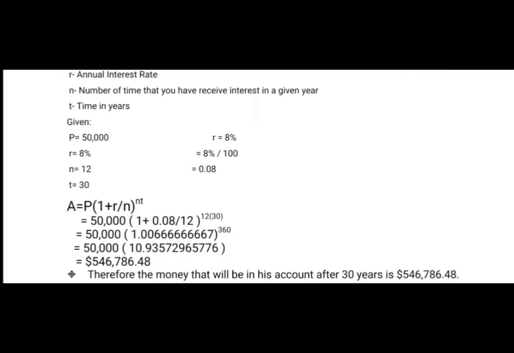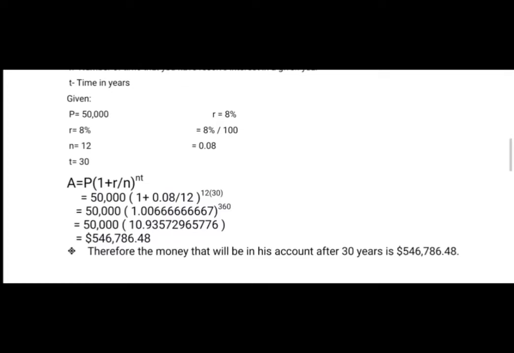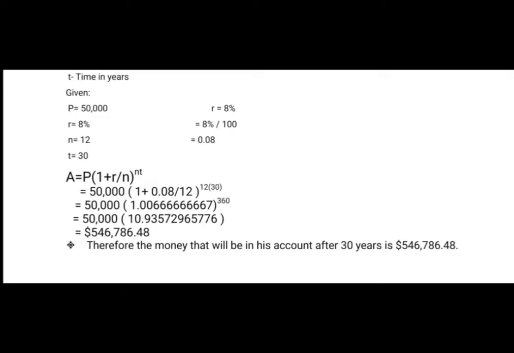Now we have all the values needed in answering the future value, which is A. Just substitute the values of P, r, n, and t. So A is equal to 50,000 times the quantity of 1 plus 0.08 over 12 raised to the power of 12 times 30.